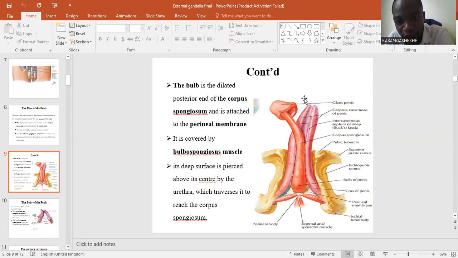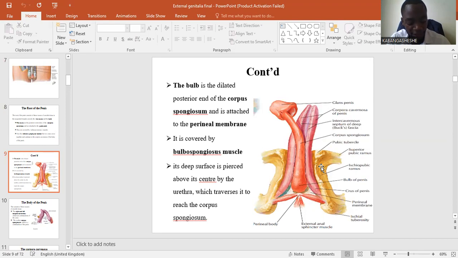So these two are attached there to form now a single organ known as the penis. They are held or wrapped around by tough connective tissue known as Buck's fascia.